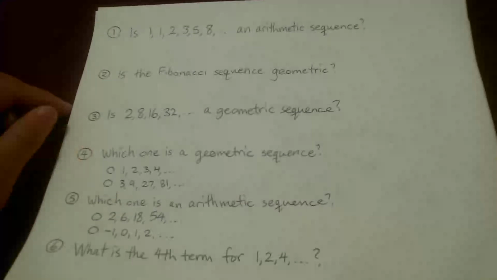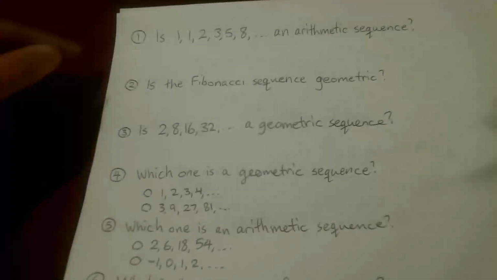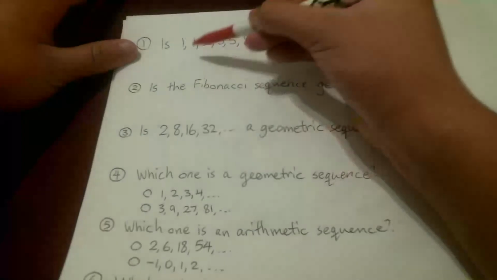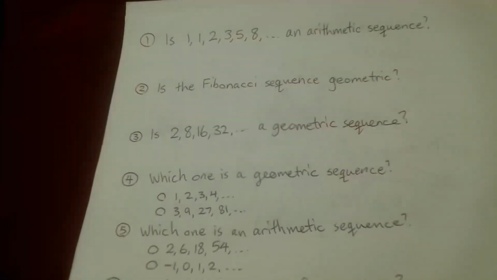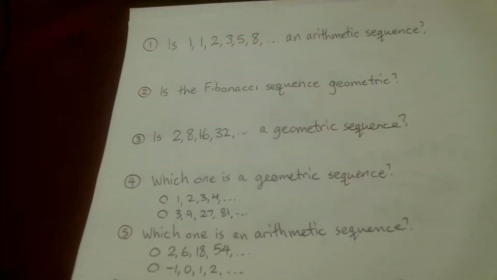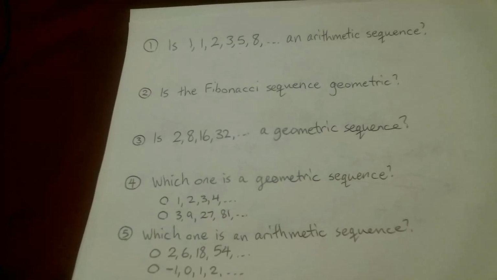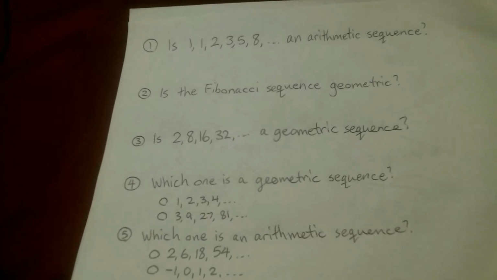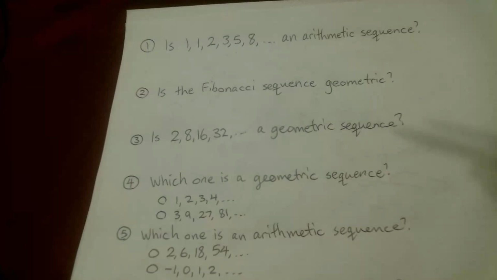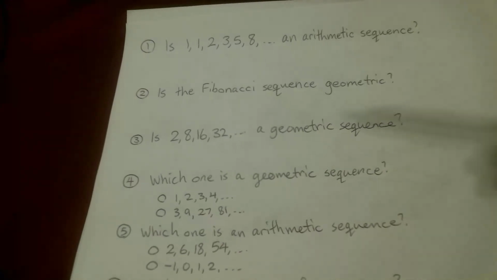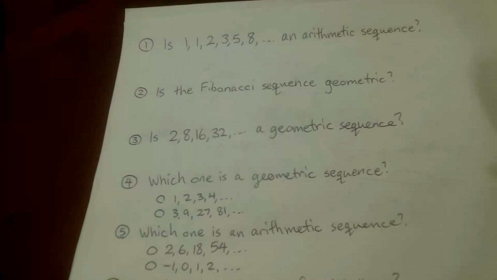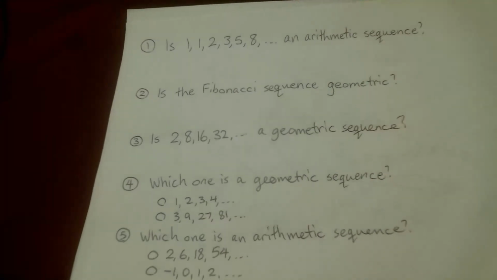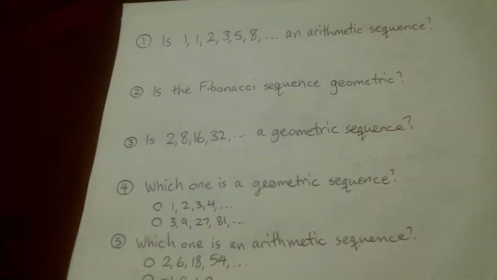So let's try some problems regarding this. For the first one, it asks, is 1, 1, 2, 3, 5, 8 an arithmetic sequence. If you recognize this, well, you've been listening. This is the Fibonacci sequence, and this does not classify as an arithmetic sequence or a geometric sequence for that matter, since it does not have a common difference or a common factor.